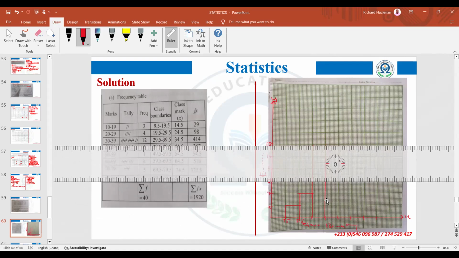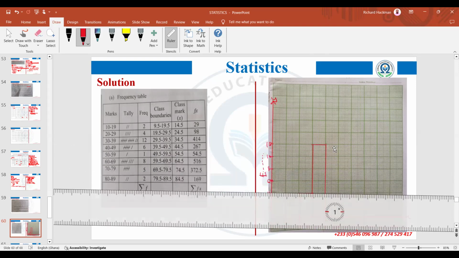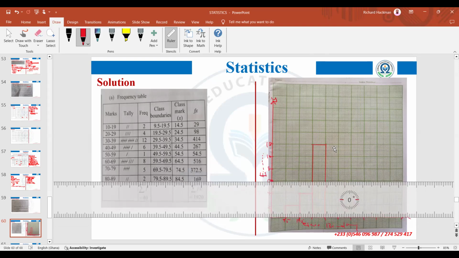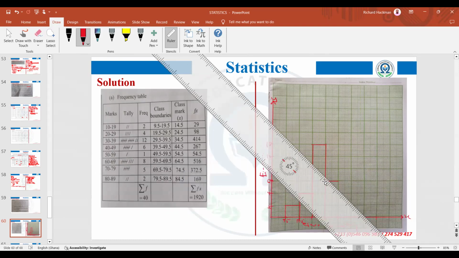Then you close it as well. The next one, we are looking at what? 6. That is 39.5 to 49.5, and that is 6. And where is 6? 6 here. So let me draw this one first before I go and draw the vertical lines. So from here to here.